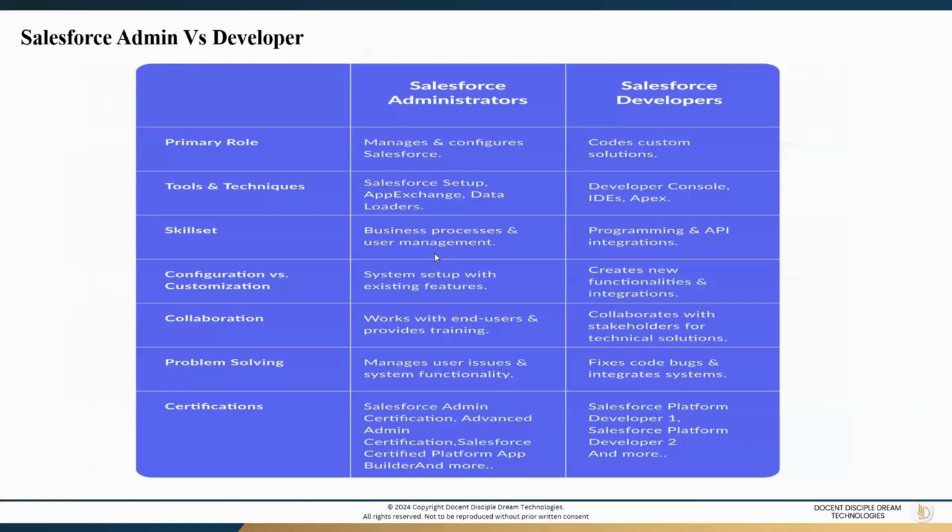For a Salesforce administrator, we have the Salesforce Admin certification first, and then the Advanced Admin certification. After that, we need to do Salesforce Platform App Builder. Whereas for a developer, the first one is Salesforce Platform Developer One, and next is Salesforce Platform Developer Two.